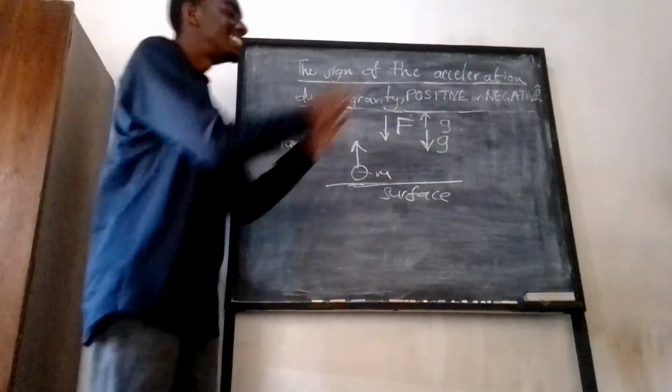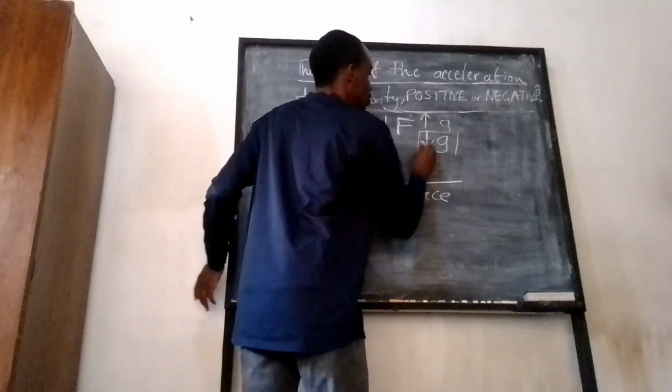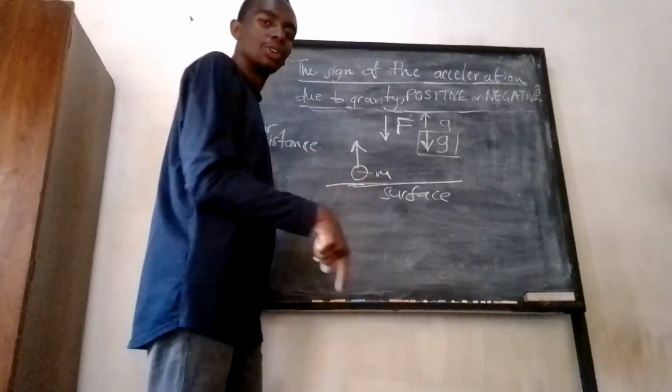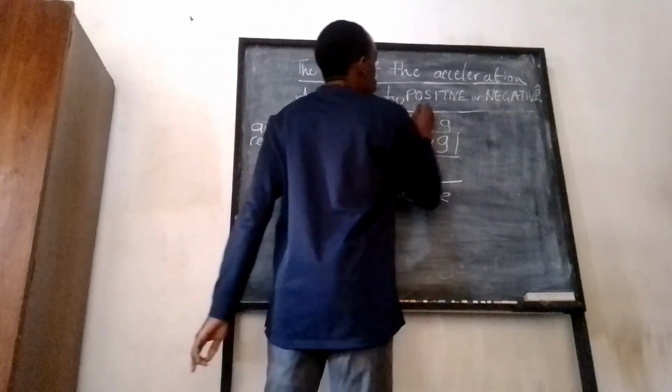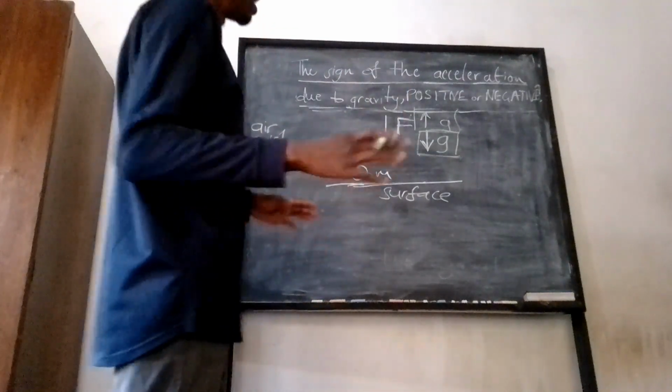What am I saying? Sign-wise, we get an acceleration due to gravity that seems as if the object is going down, or we get one that seems as if the object is going up. I know it seems a bit confusing. Let me explain further.